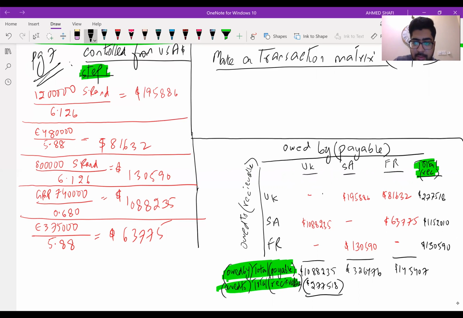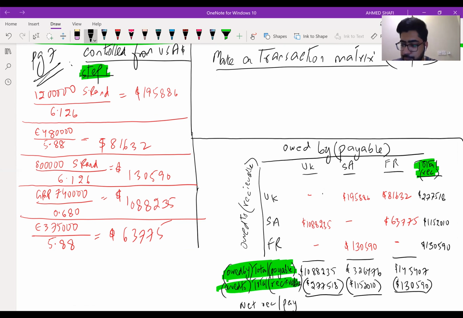Total of payable South Africa was 326476, and the total of South Africa receivable was 1152010. And finally, the total of French payable was 1145407, and the total payable less total receivable, as you can see above, 130590. You get net receivable or payable.